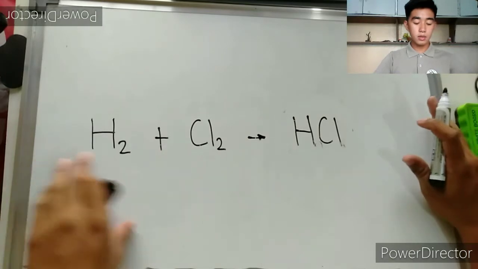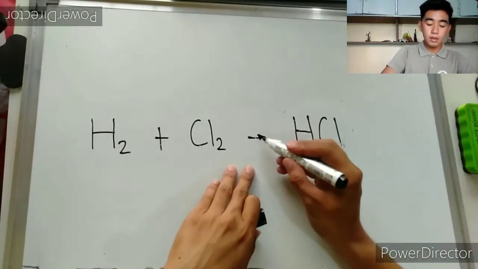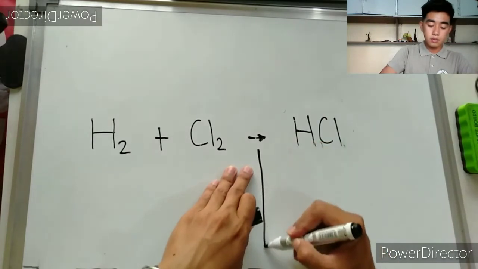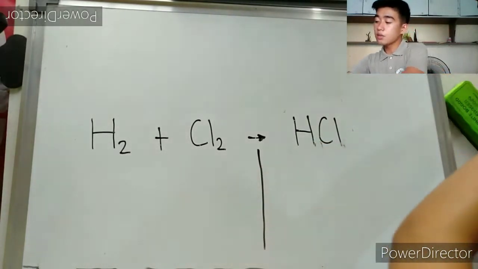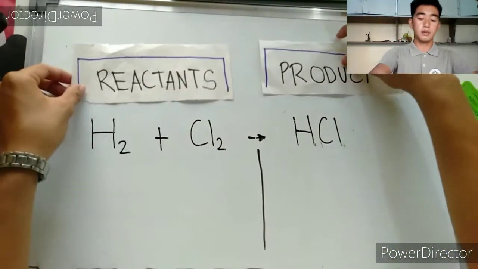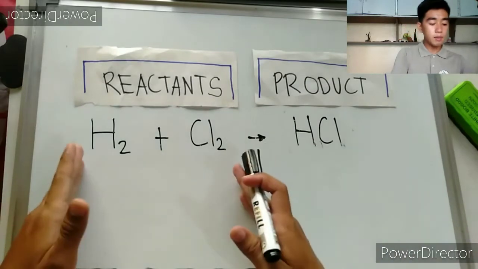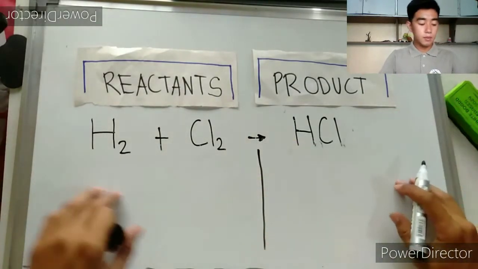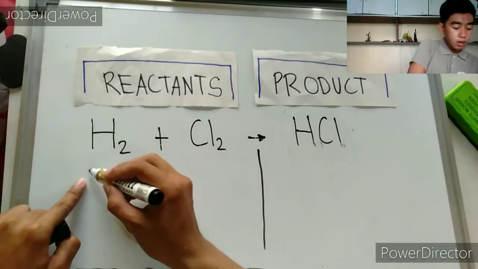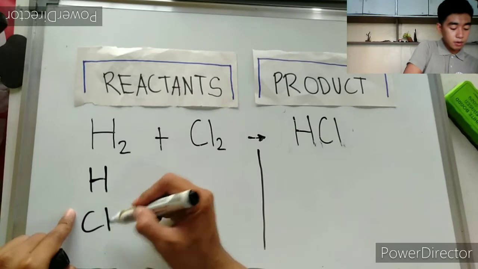So the first thing that we need to do in balancing chemical equation is to put a vertical line under this arrow to separate our reactants and yung ating product. So for the second step, we are going to list all the elements present here in reactants, gayon din naman sa product. So meron tayong hydrogen and Cl, stands for chlorine.